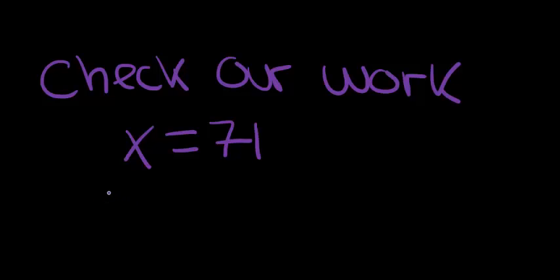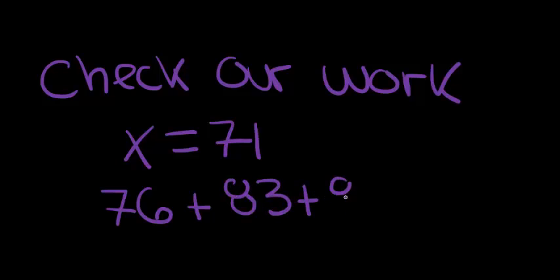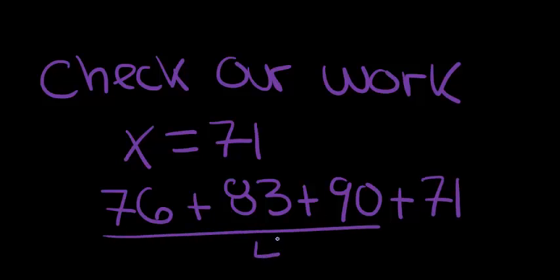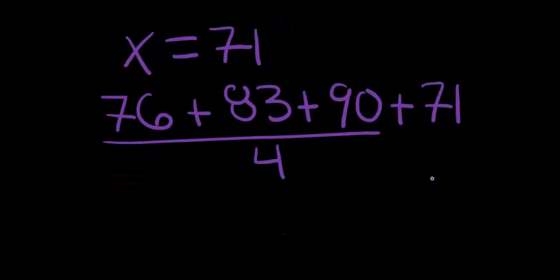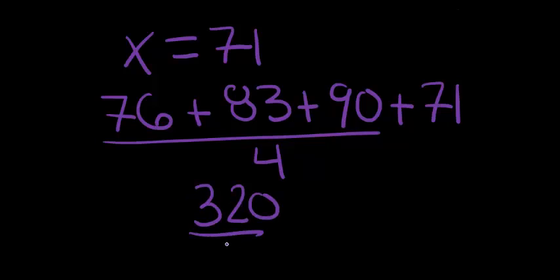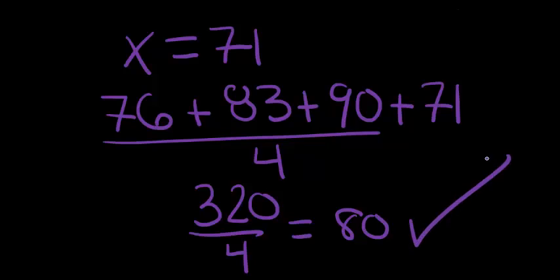So going back to our original equation, we had the first test score plus the second test score plus the third test score plus the fourth test score, and we're going to divide that all by 4. So when we go ahead and add up all these test scores, we are going to see that we have 320 divided by 4, and that equals 80. Is that the average that he wanted to get? Yes, it is. So we give ourselves a big check.